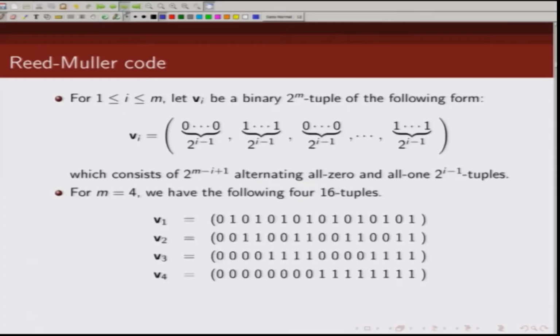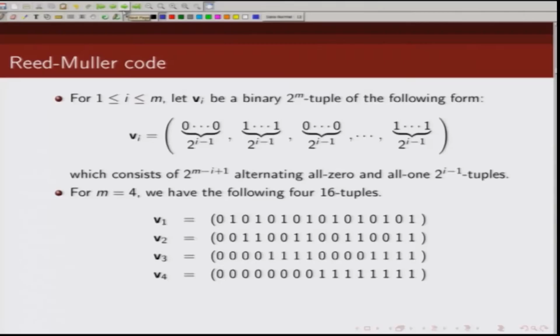So, let us take an example. Let us consider m to be 4. Then this m tuple has 2 raised to power 4, that is 16, entries. So, what is V1? V1 should have runs of zeros and ones, where the run length is 2^(i-1).